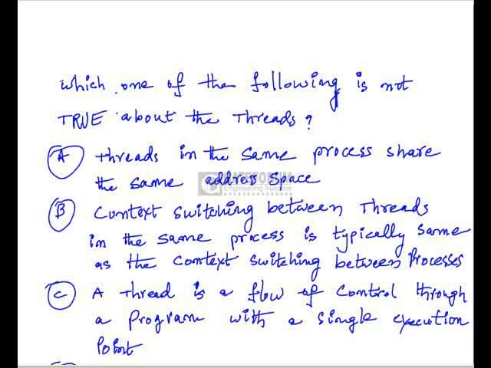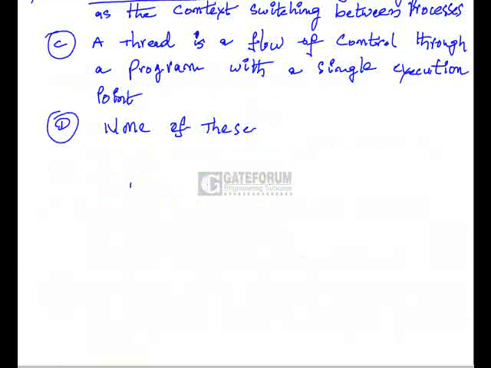So the statement is correct. Option B: context switching between threads in the same process is typically the same as context switching between processes. This is not correct. For example, process P has threads T1, T2, T3, and process Q has threads TQ1, TQ2.